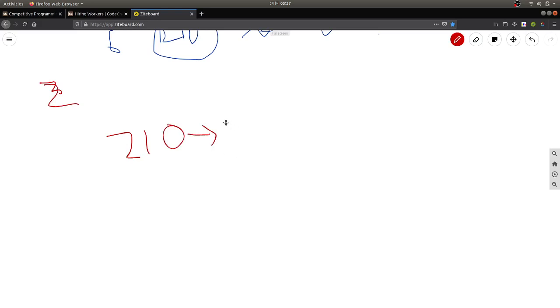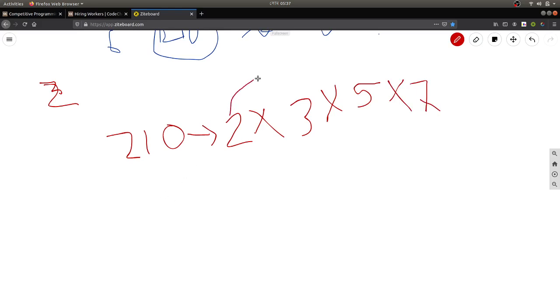Now the numbers are 2, 3, 5, 7. So in today's contest, I was trying to solve it greedily. I was taking the smallest 2 numbers, multiplying them, then pushing the result back into a priority queue.